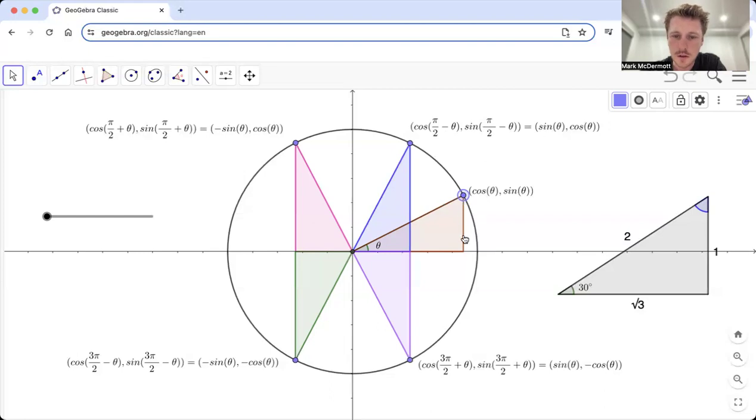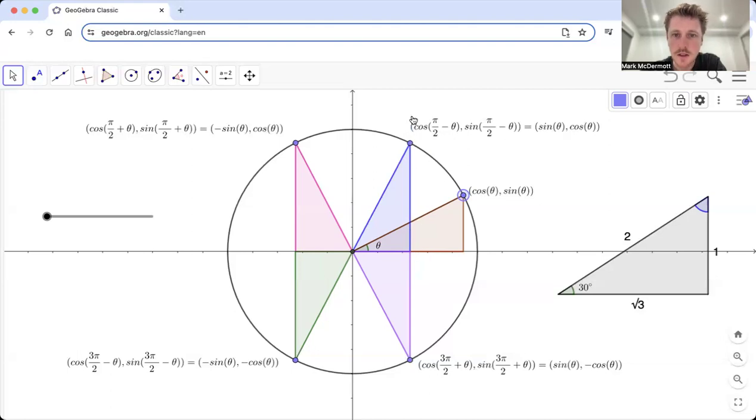Now what we need to do is think about these triangles. These triangles are congruent triangles. They all have a hypotenuse length of 1. I want you to start thinking about what's happening to this length. If you notice, this length here on our brown triangle becomes this length here on our blue triangle. Similarly, the base length here is the same length as this.